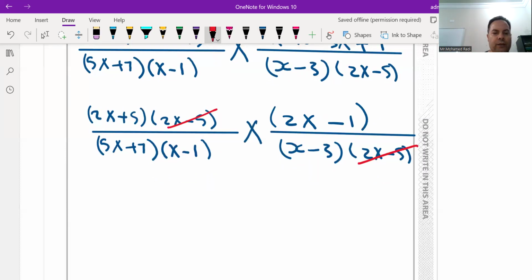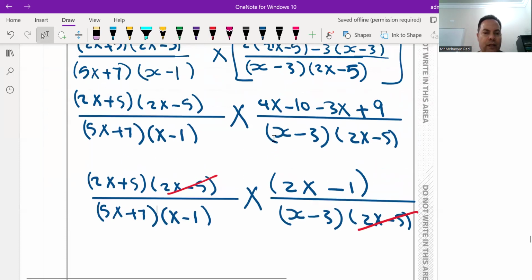Still 2x plus 5. Is there any part we can remove? So write 2x plus 5. Sorry, I made a mistake here: 4x minus 3x is only 1x. So also (x minus 1) removes with (x minus 1).